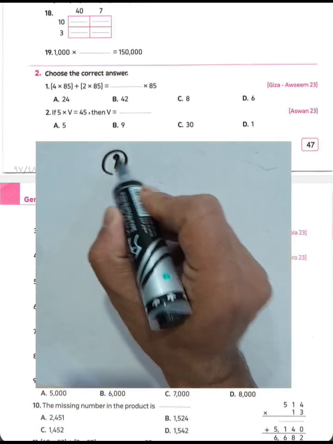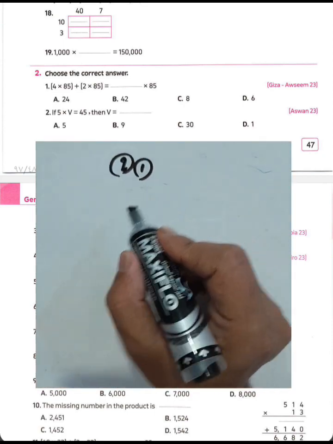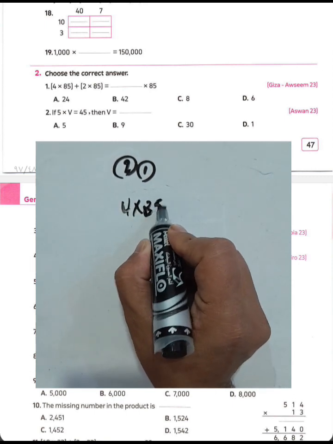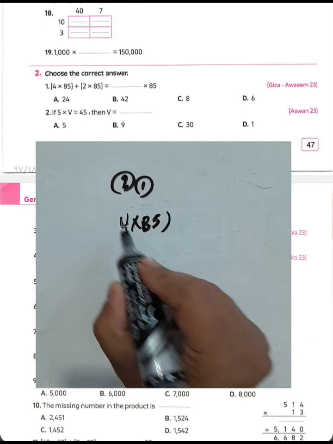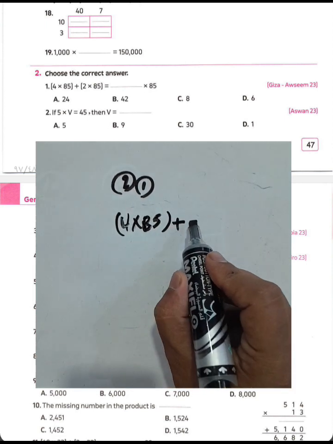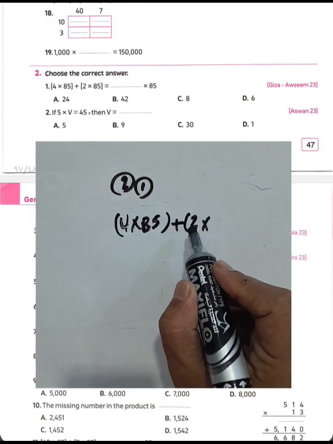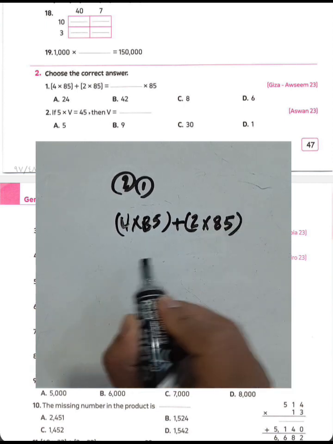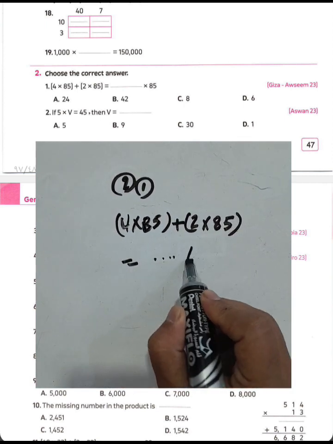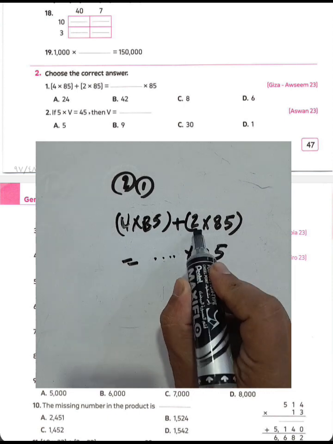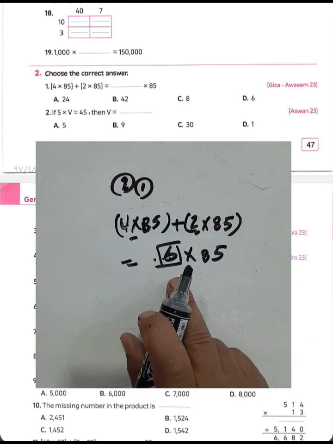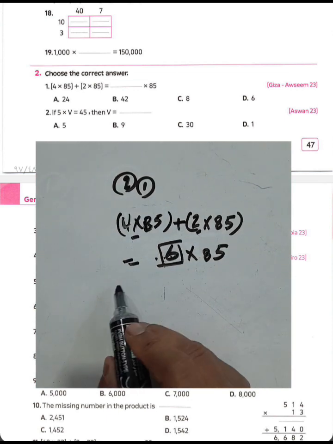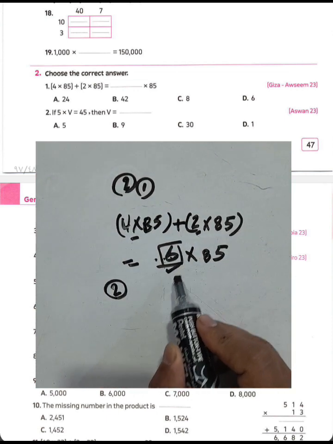Again, 4 times 85 plus 2 times 85. We have the constant here, it will be 85. And 2 plus 4 equals 6. Question number 1, choose D.